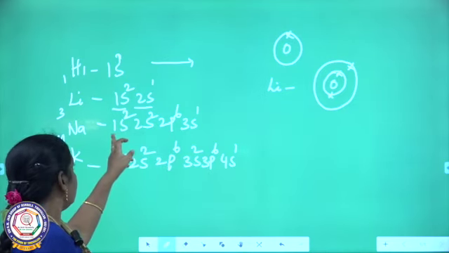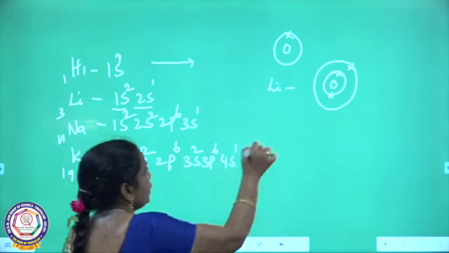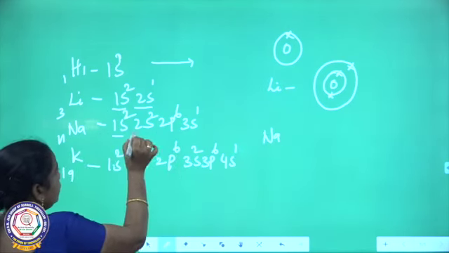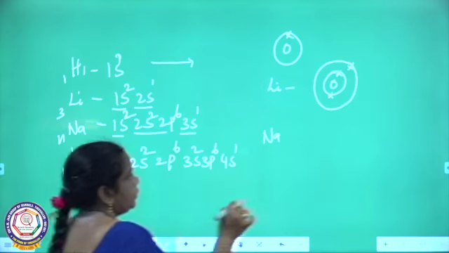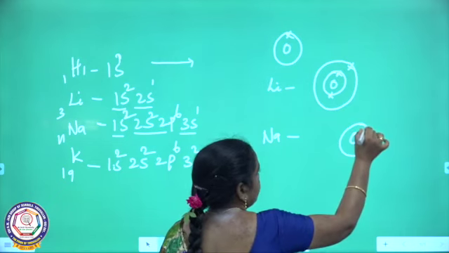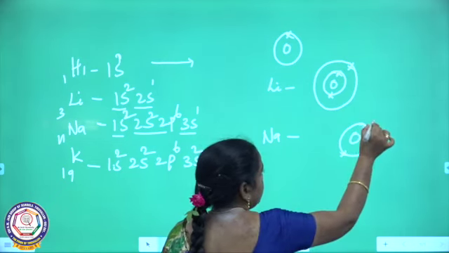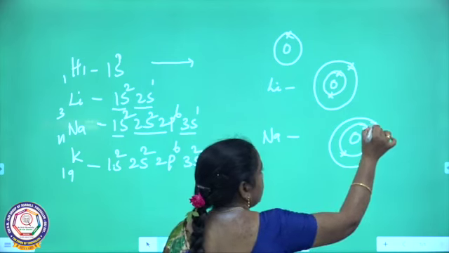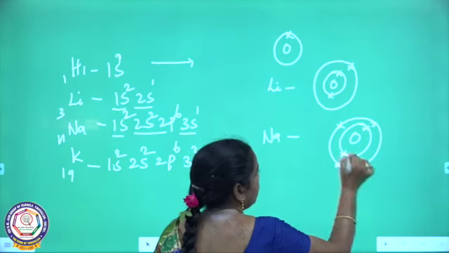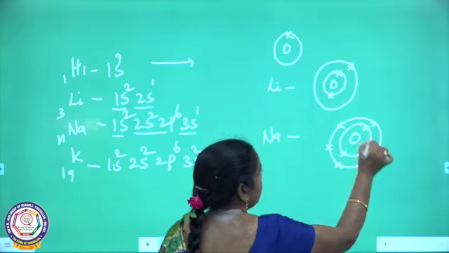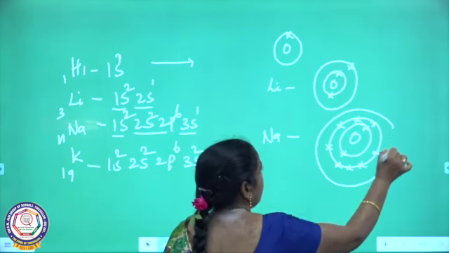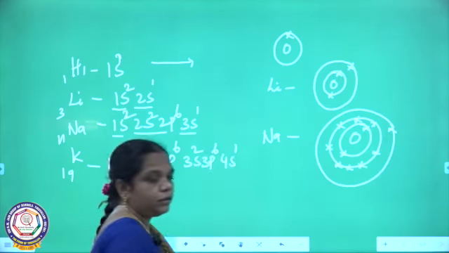Then sodium has 3 energy levels: 1, 2, 3. 2 electrons in the first energy level, 8 electrons in the second, and 1 electron in the third energy level.